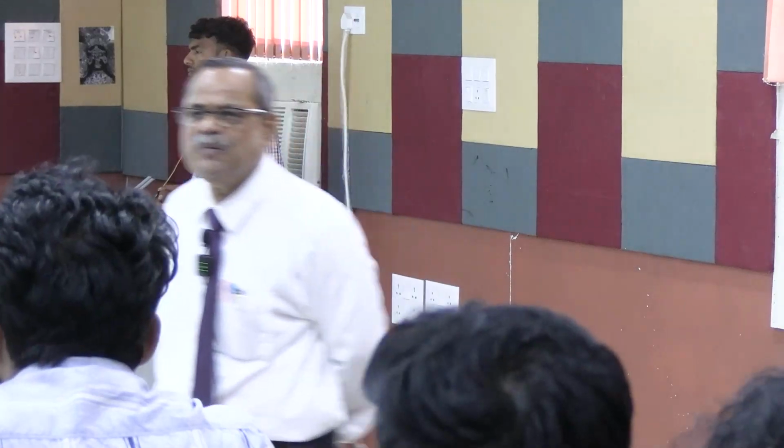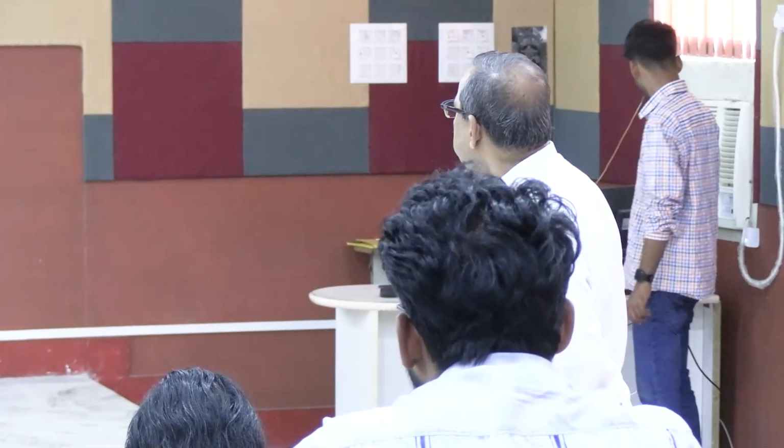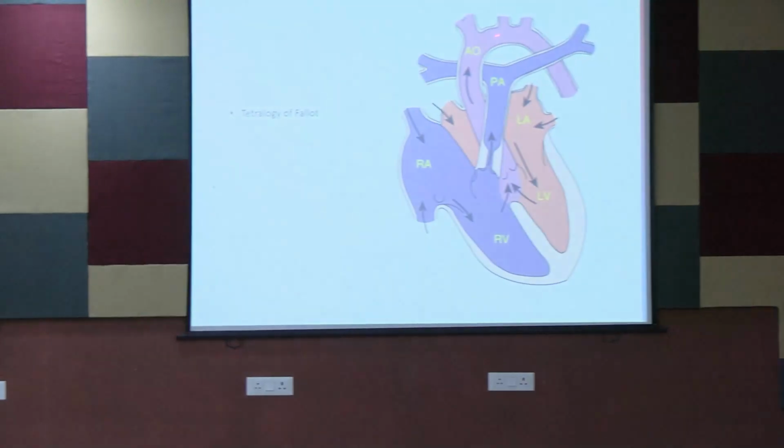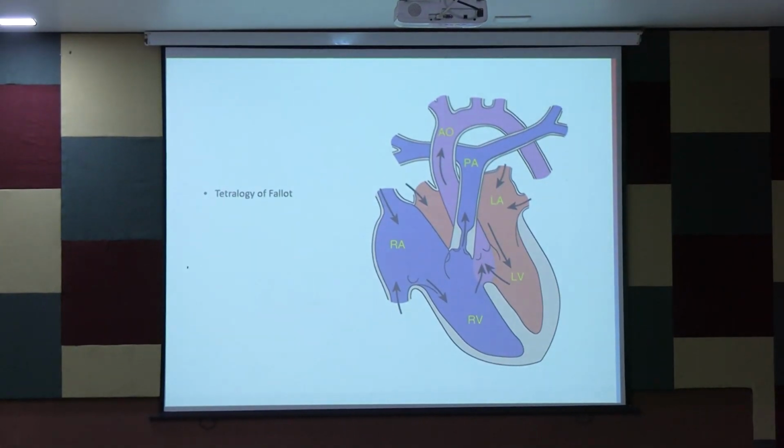If the reduced hemoglobin is more than 5 gram percent, there will be cyanosis. If a large amount of impure blood goes from the right ventricle to the aorta, then cyanosis will be much more. If a very small amount of impure blood goes from the right ventricle to the aorta, then cyanosis will be less.